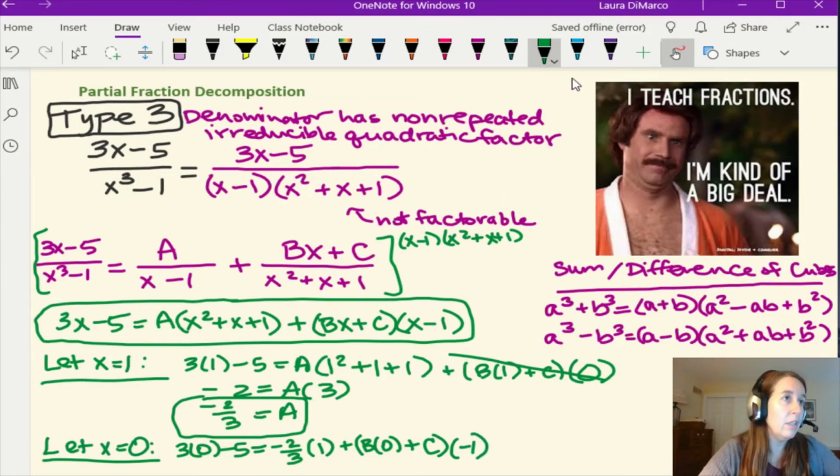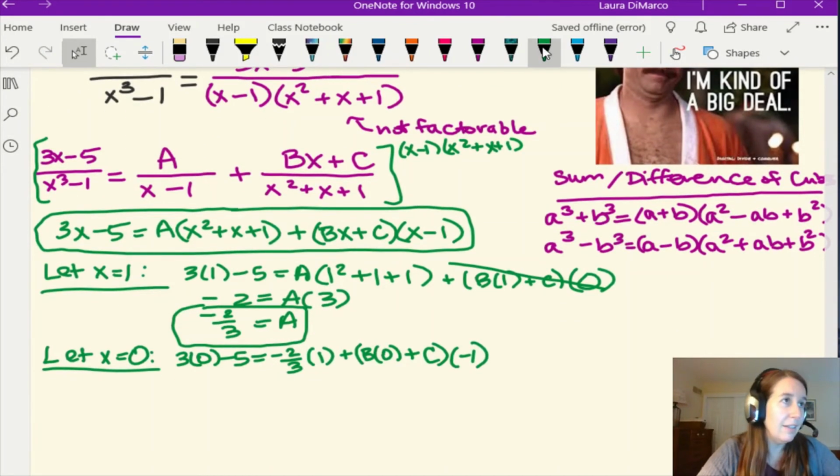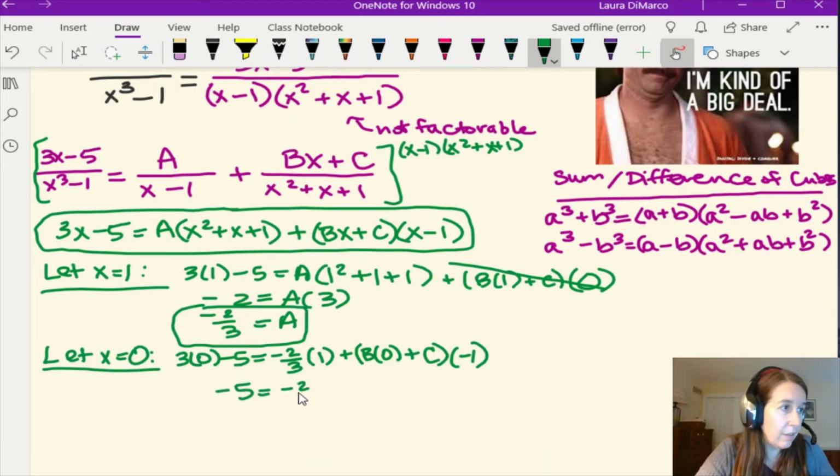Okay, let's see if I can get a little bit more space here. I'm hoping I'm close to finished really with the problem. So that is -5 here, -2/3, and then that's 0, so just minus c, or c times -1. So now I have to add 2/3 over here.